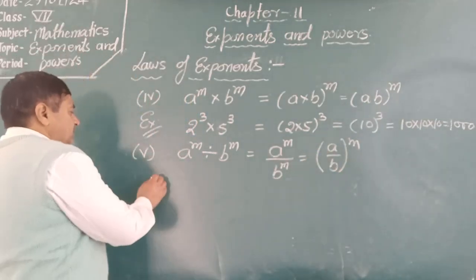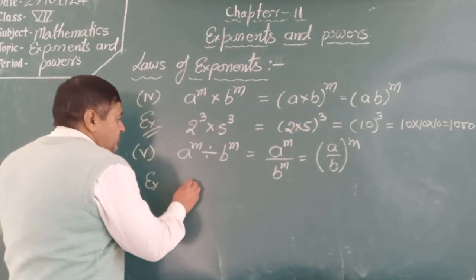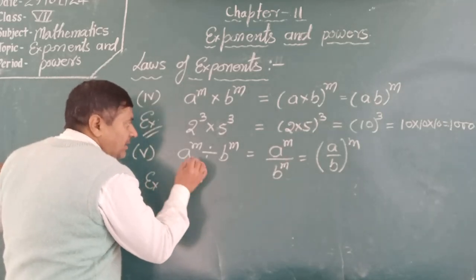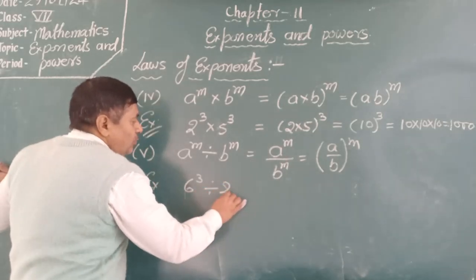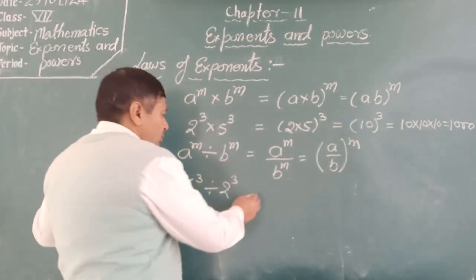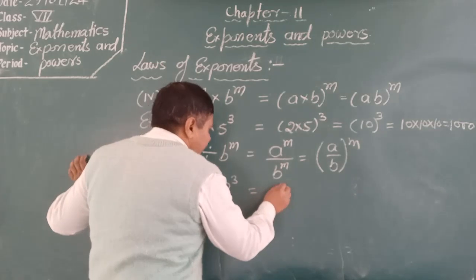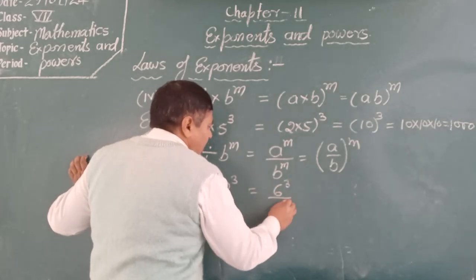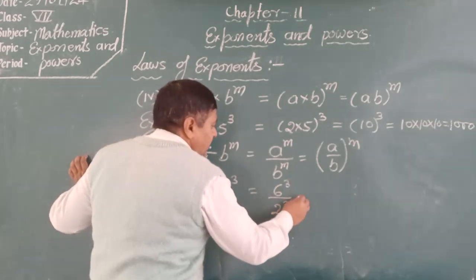So for example, we take 6 to the power 3 divided by 2 to the power 3. How can you write it? 6 to the power 3 upon 2 to the power 3.